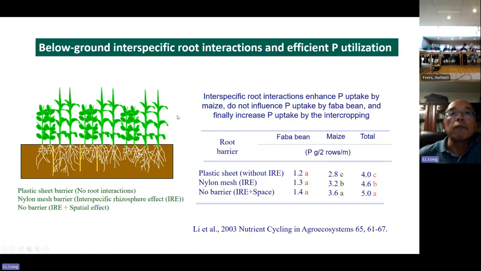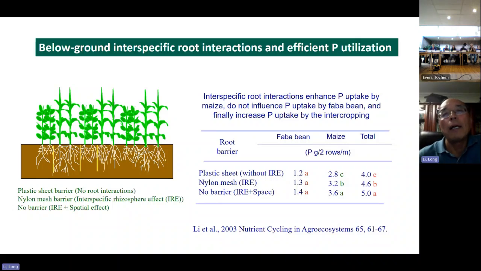What's the result? Firstly, we measured the phosphorus uptake. We found that interspecific root interaction enhanced phosphorus uptake by maize. You can see the root interaction increased the phosphorus uptake by maize, but did not influence phosphorus uptake by faba bean.